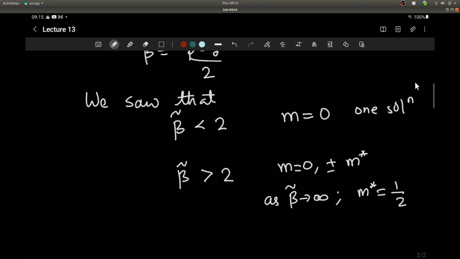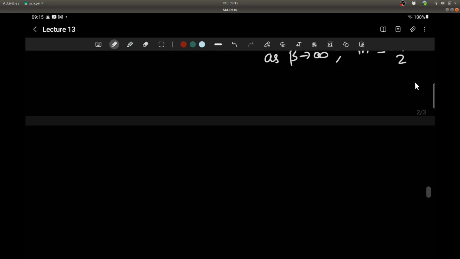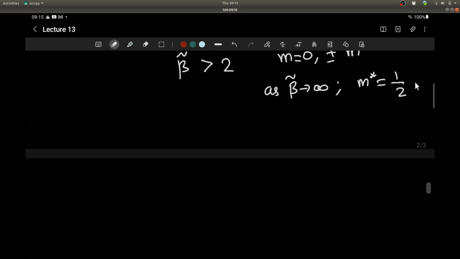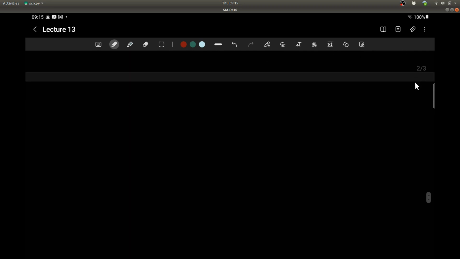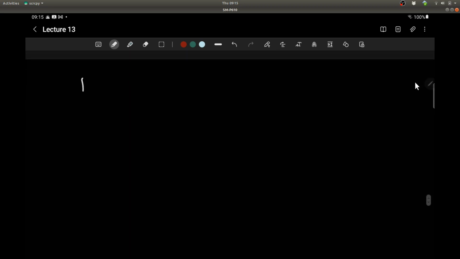Okay. So are there any questions and comments at this point? Okay. So recall that beta and beta tilde depend on inverse temperature. Recall that beta is 1 by kBT.